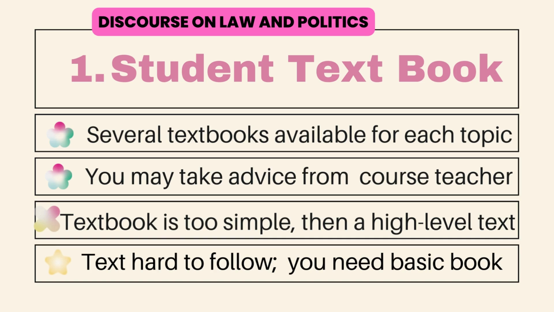In that case, go for the more basic books. So at least you can get an understanding of the basic level of that area of the law. That is the way you can help yourself with various kinds of textbooks as per your understanding.